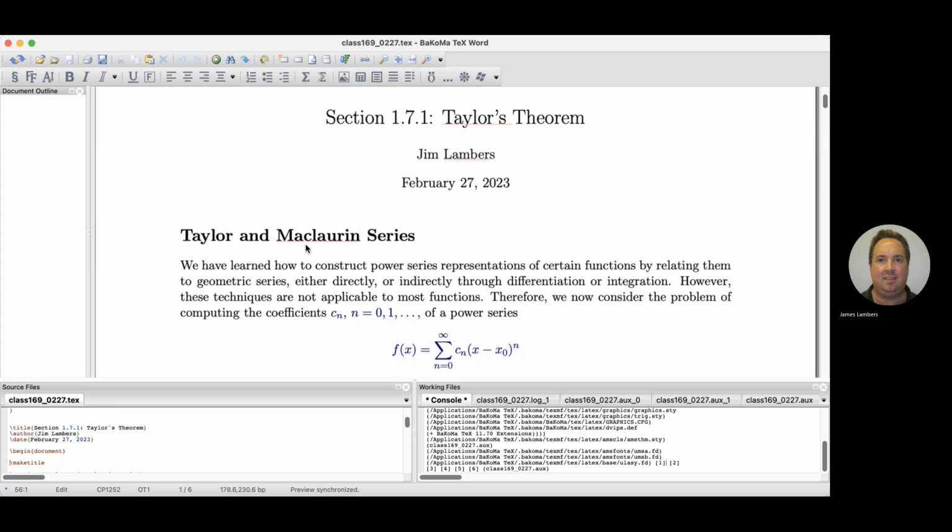Okay. So at this point of the course, you have seen how power series for certain functions can be obtained. The basic idea is that the function is somehow related to a geometric series by some small modification, or maybe by differentiating or integrating or multiplying by a power of x, or substitution of a power of x, something like that.